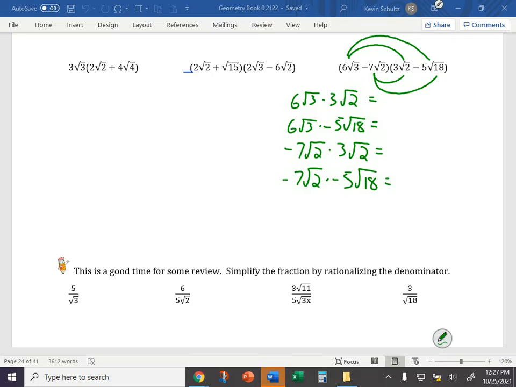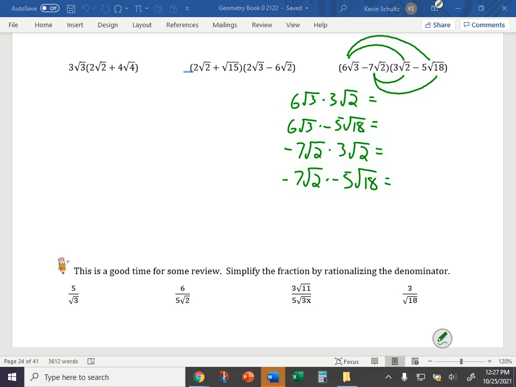Just like in the previous one, once you multiply these, simplify them, and then look for anything that you can combine with addition or subtraction. I think there is one that you can do. Two of them actually. This is a good one.